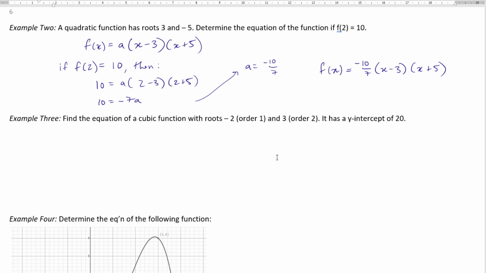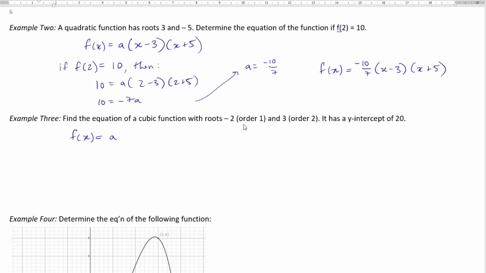Find the equation of a cubic function with roots -2 to the order 1 and 3 to the order 2, and it has a y-intercept of 20. So a little bit more complicated. If it's a cubic function, let's go f(x). Again, it's got some sort of leading coefficient, a.